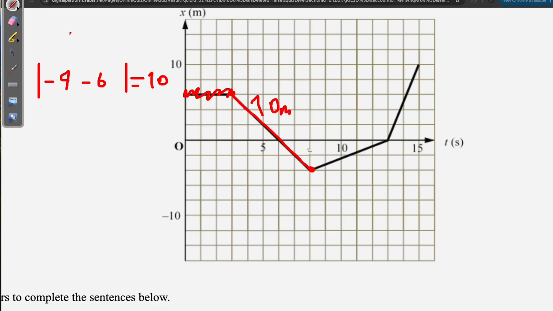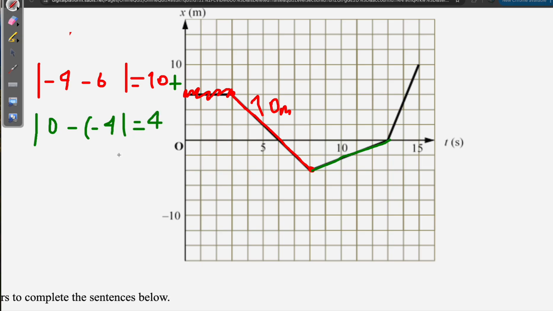Now we go from negative 4 all the way to 0, the origin. Plus this, it's x1 basically: 0 minus negative 4, final minus initial, which gives us 4.